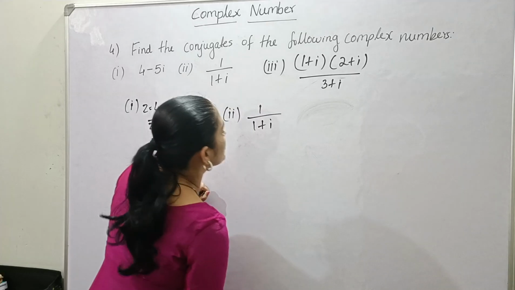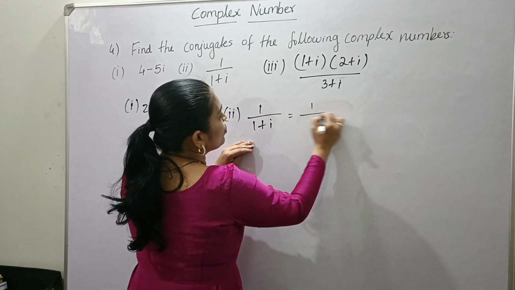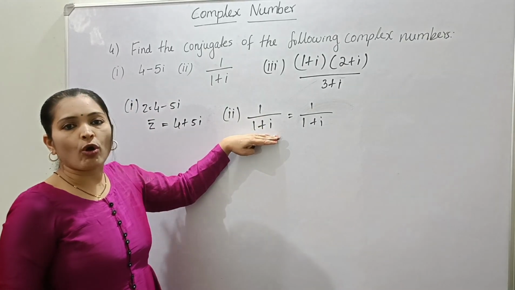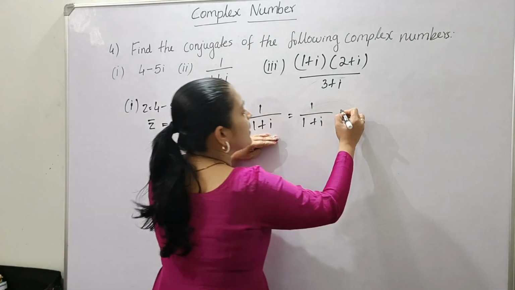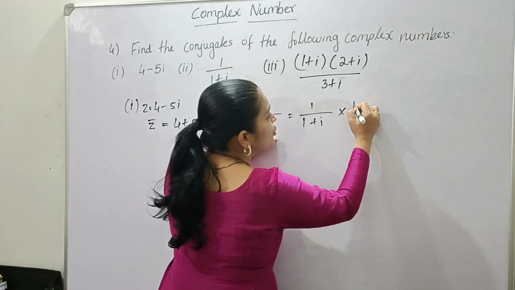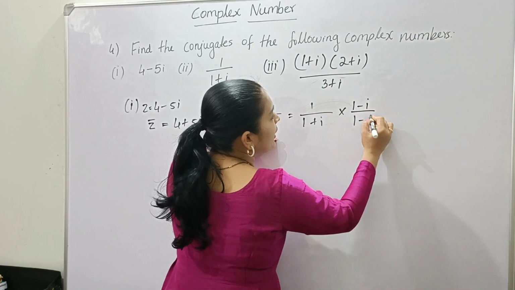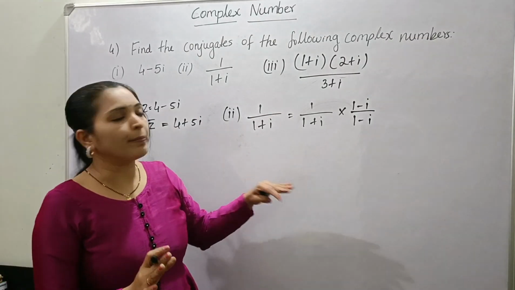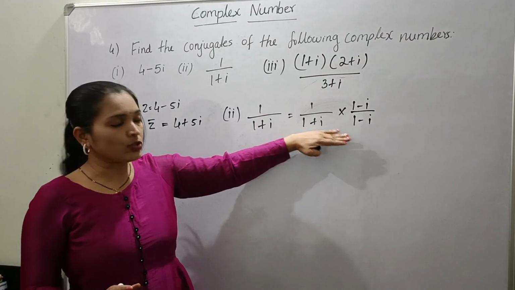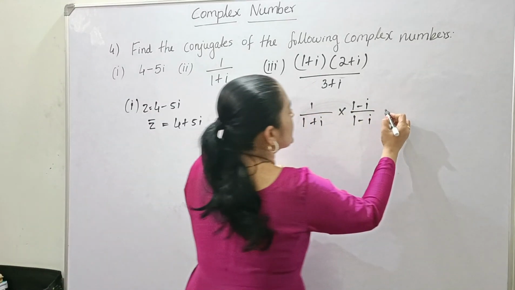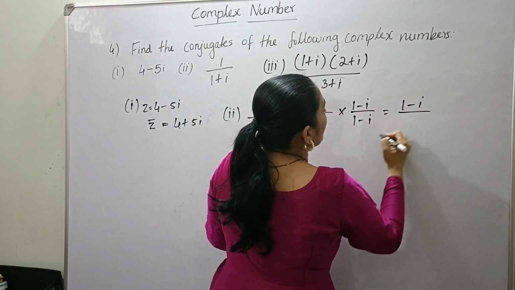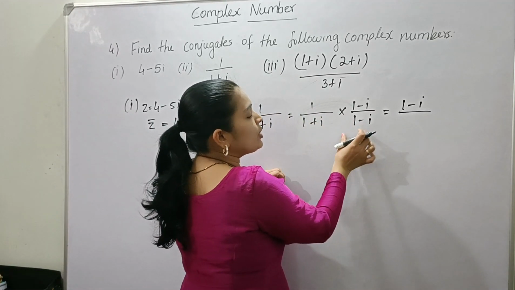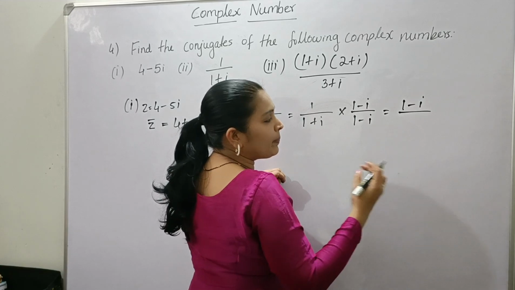For that, first of all, we have to multiply and divide by the conjugate of the denominator. 1 by 1 plus i into 1 minus i divided by 1 minus i. So that we will get a real number in the denominator. So that is equal to 1 minus i divided by (1 plus i) into (1 minus i), that is (a plus b) into (a minus b), that is a square minus b square.